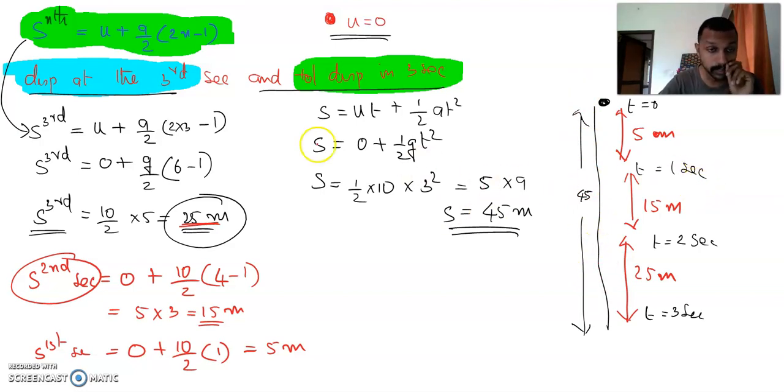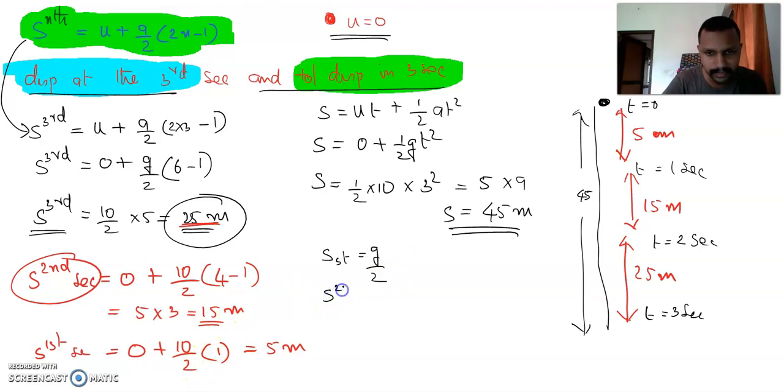Then you could note one more pattern, that is, what is the displacement at the first second? Displacement at the first second, let me write, it was g by 2. 1 into g by 2, that is 10 can be replaced as g, therefore 1 into g by 2, that's g by 2.